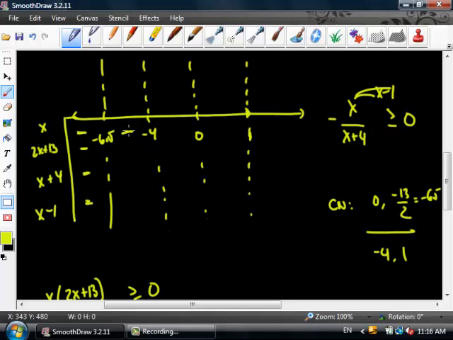That's going to be negative. Negative 5 times 2 is negative 10 plus 13 is positive. And then negative 5 into here, and then negative 5 into here. Between negative 4 and 0, so let's go negative 2. That's negative. Negative 2 times 2 is negative 4 plus 13 is positive. Negative 2 here is positive and negative.